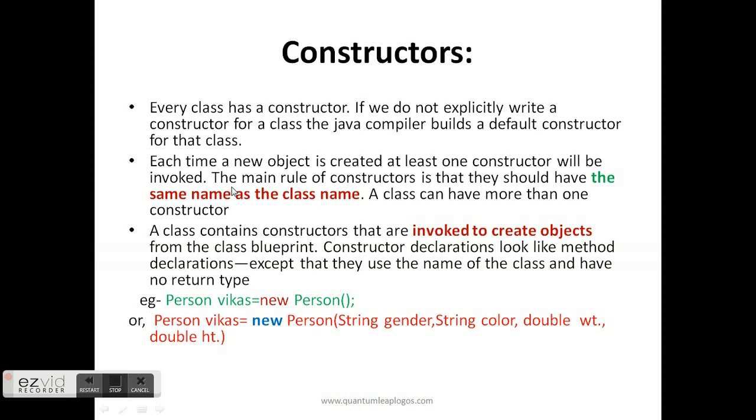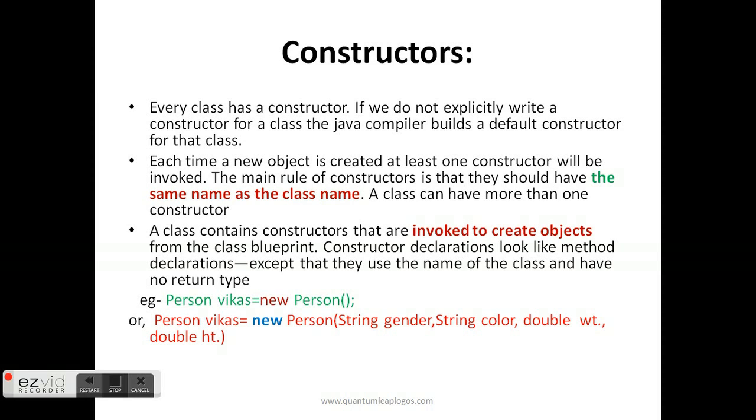So the main rule of a constructor is that it should have the same name as the name of the class. A class can have more than one constructor. What does it mean? There is a number of constructors possible. We can write any number of constructors. There is no bar.